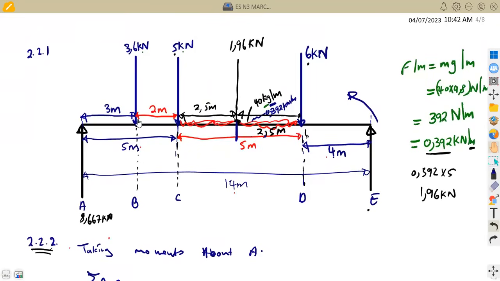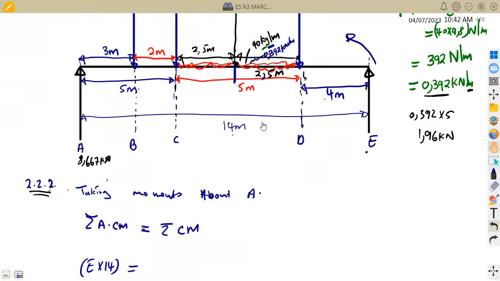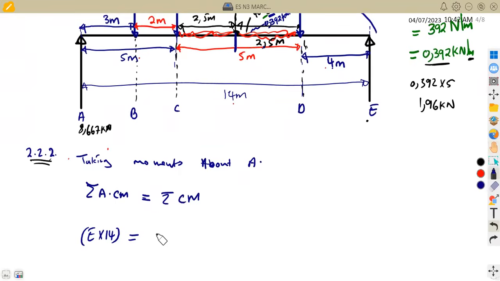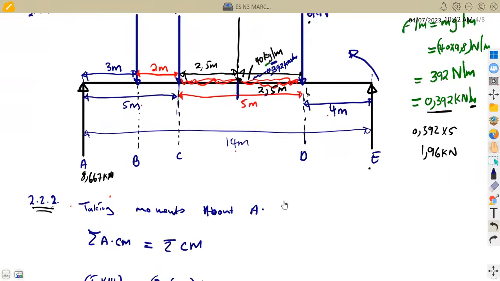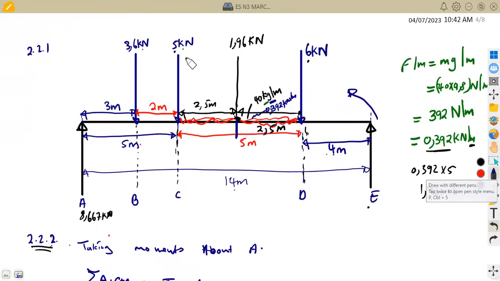So that's 3.6 times the distance between 3.6 and A, which is 3 meters. So 3.6 times 3. So you're going to multiply. This is going to be 3.6 times 3 plus we move on to another one, which is 5 back to A. So there's a distance of 5 meters. So that's 5 times 5.